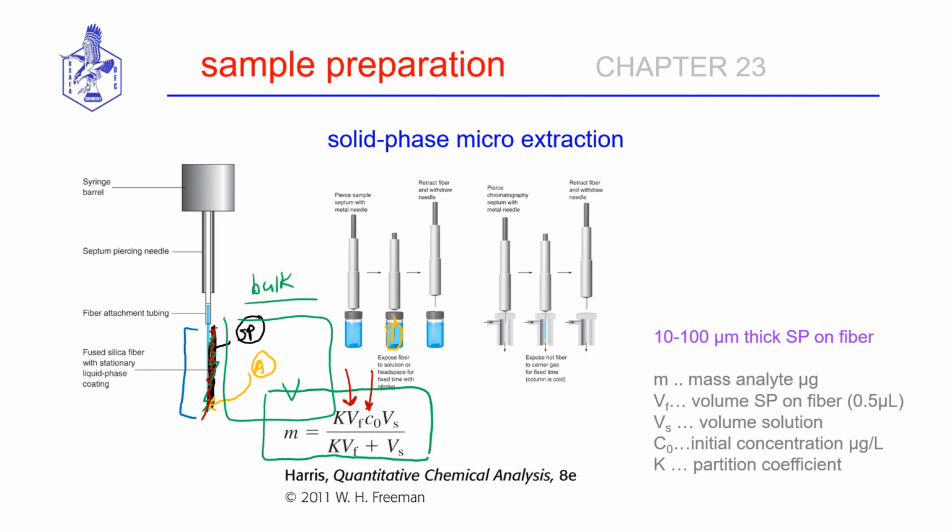This is the volume of the original solution, and the K values here are our partition coefficients between the solvent and the stationary phase material. So this predicts the mass of the analyte species in grams, or I'm sorry, in micrograms, that gets deposited on our fiber.